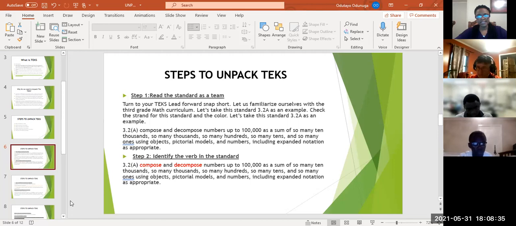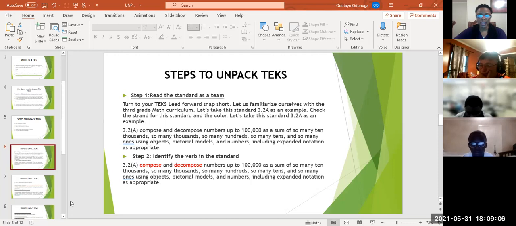Okay, so let's take this standard 3.2A as an example. Check the trend for this standard and the color. So first of all, let's read the standard, and I will share my screen to let you see what I mean by the trend and the standard of these TEKS that we are choosing.